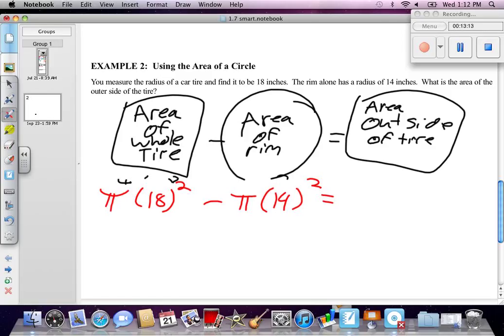Whichever way. So we're going to have 3.14, 18 squared gives us approximately 1,017.36. And we're subtracting that from 615.44.